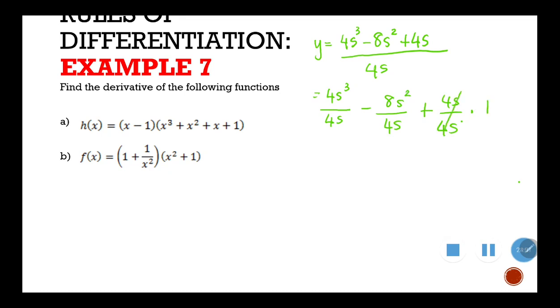This part will be s square, this one will be 2s, and 4 will also cancel. So the final simplification should be s square minus 2s plus 1. Then only we will differentiate it. y prime should be 2s minus 2. So this is the final answer.